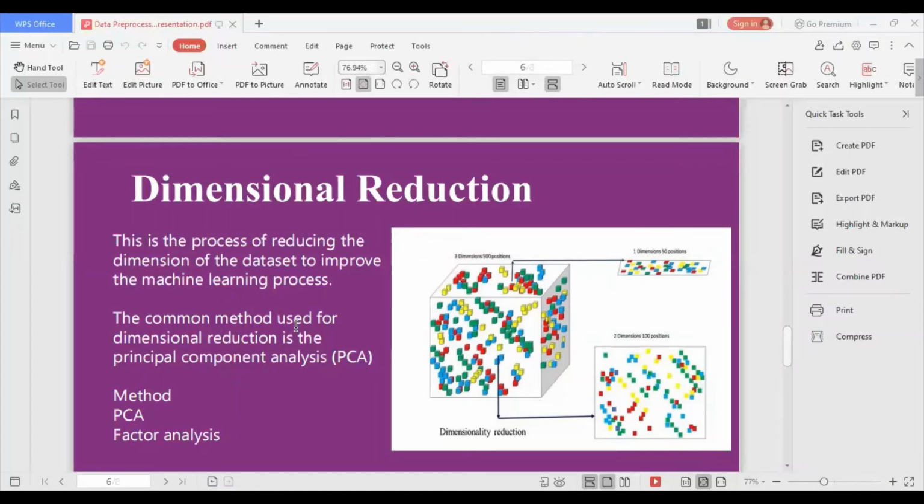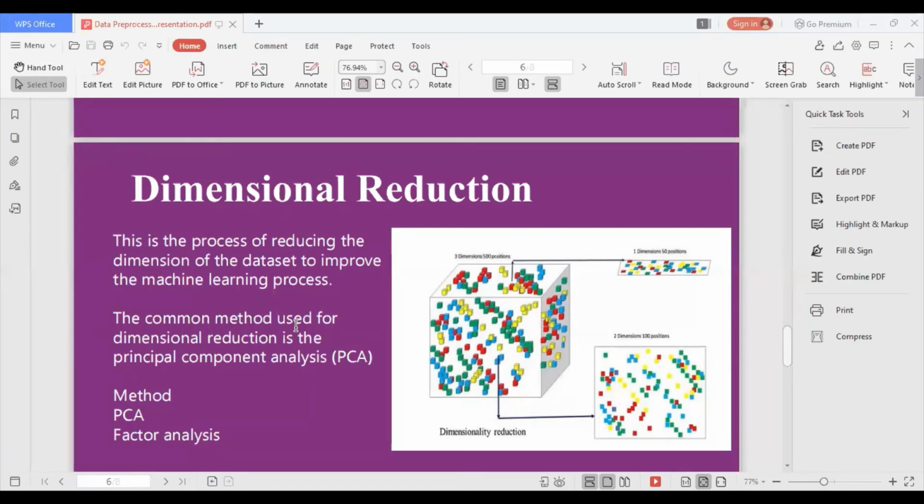What I mean by data set dimension is that you have a data set with several dimensions, maybe several attributes: age as an attribute, gender as an attribute, and as many as possible. You might need to reduce the dimension by fitting it into a new plane. That operation is called dimensional reduction.